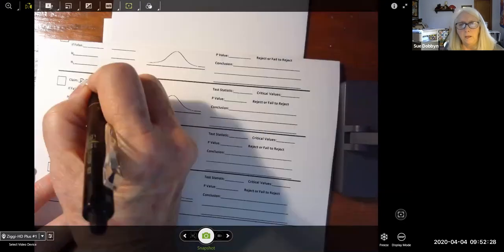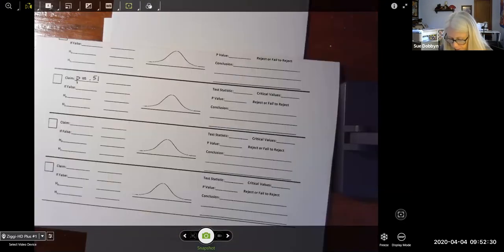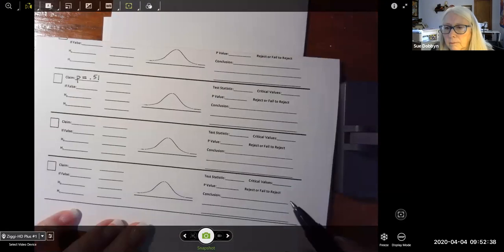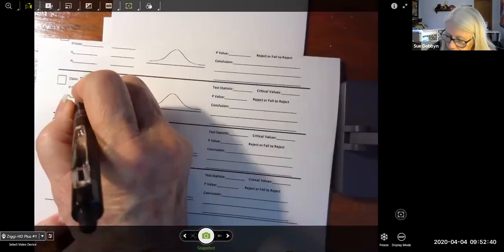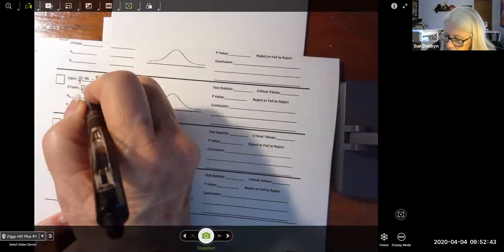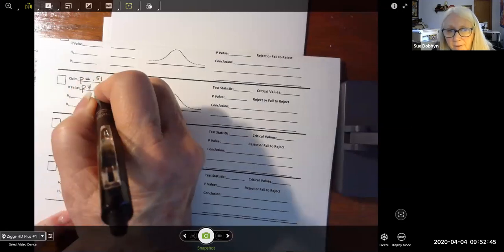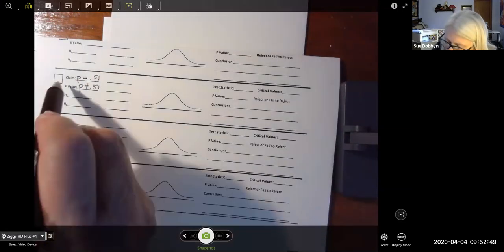Okay, if that's not true, what would have to be true? p is not equal to 0.51. Exactly, that's correct. And when you have this, then the one that contains equality is the one that just says equals.